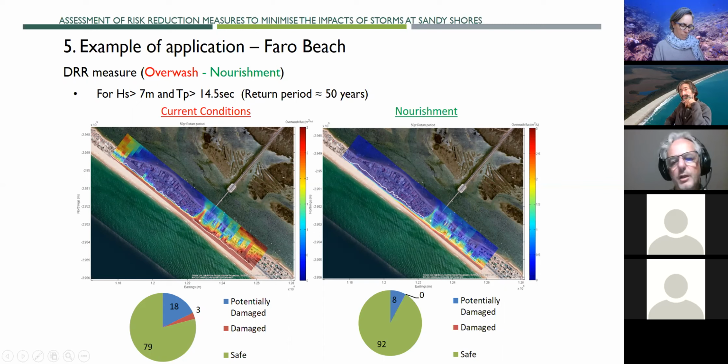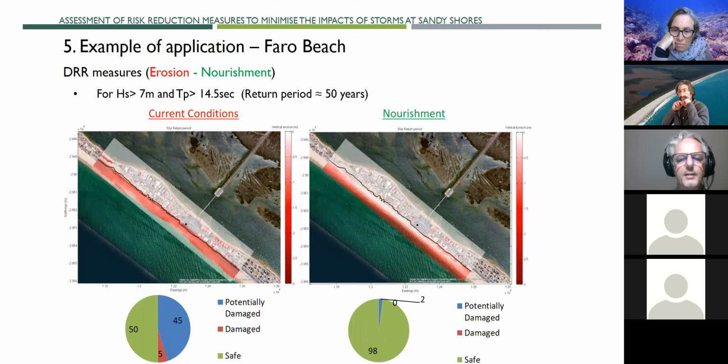And so the safe would increase from 79 to 92%. The damage would be probably 0, and the potentially damaged would reduce from 18 to 8%. So we can already compute the values using that formula that I showed previously to know the effectiveness of the nourishment. It would not be total, but it would be effective in some way.